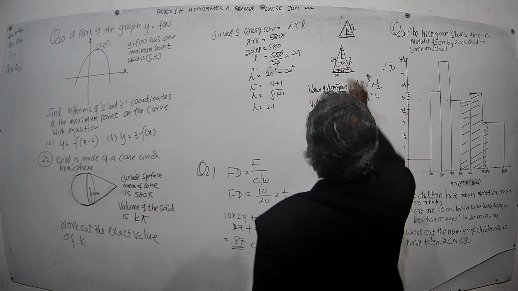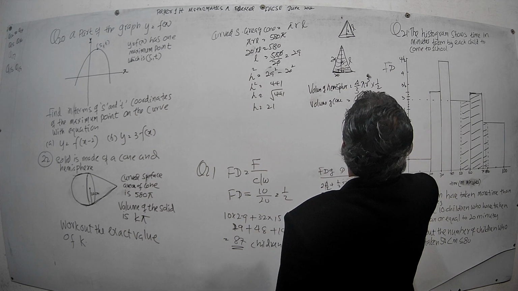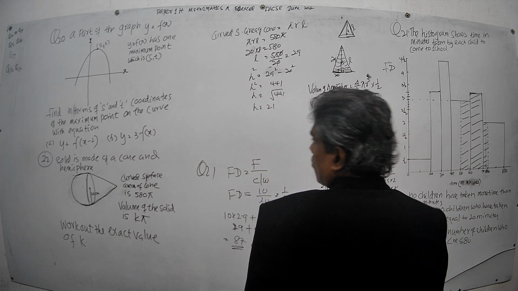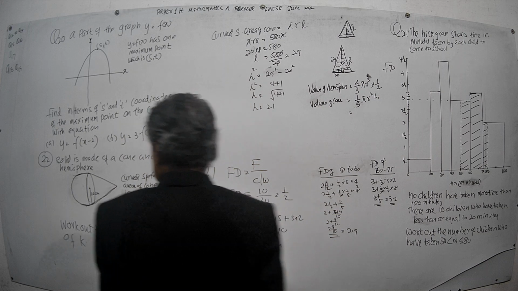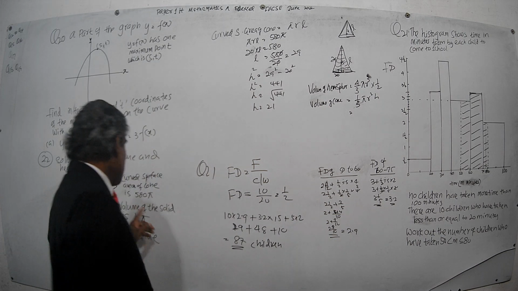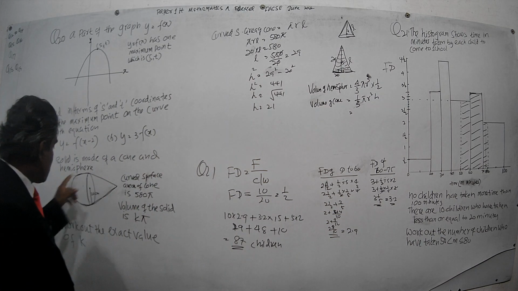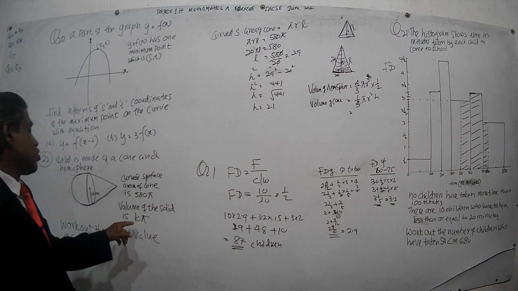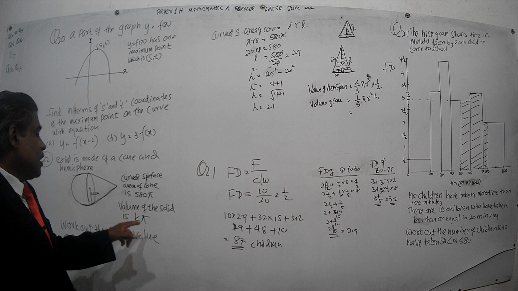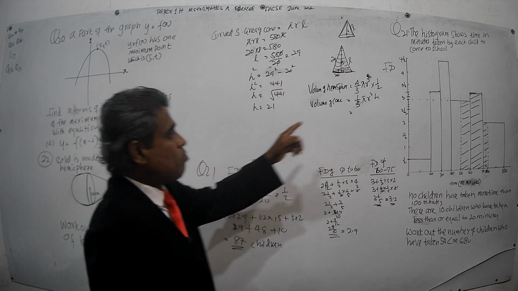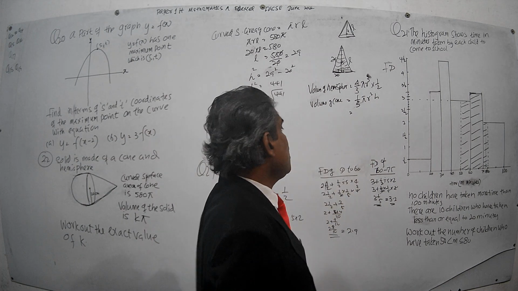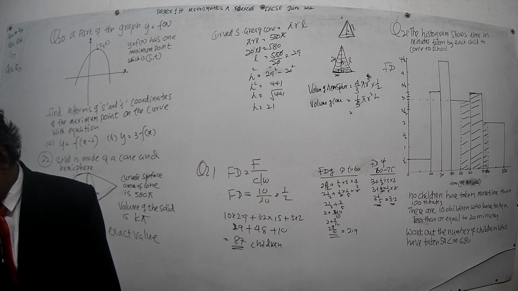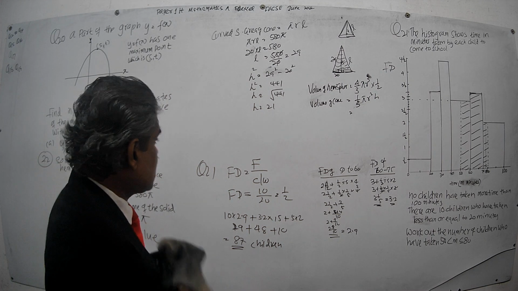We have to work out the exact value of k, where the volume of the whole solid equals k pi. So we have to obtain a statement in terms of pi for the volume of the whole solid.